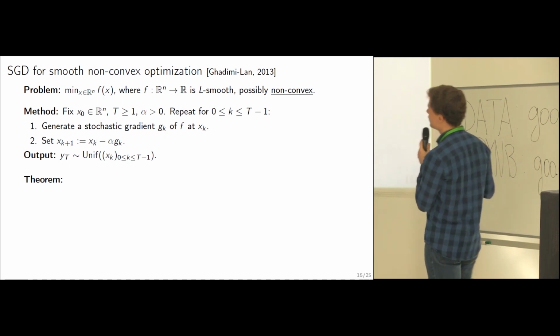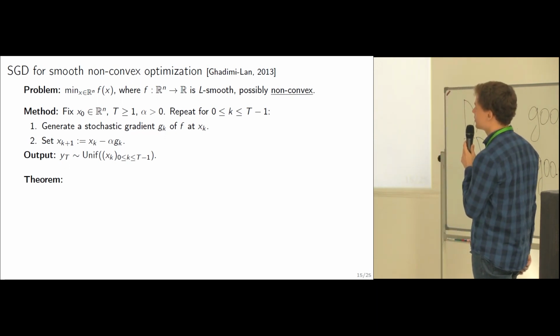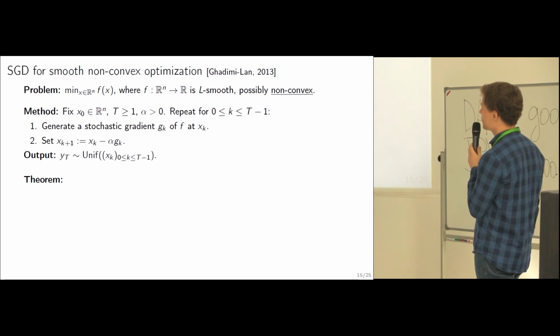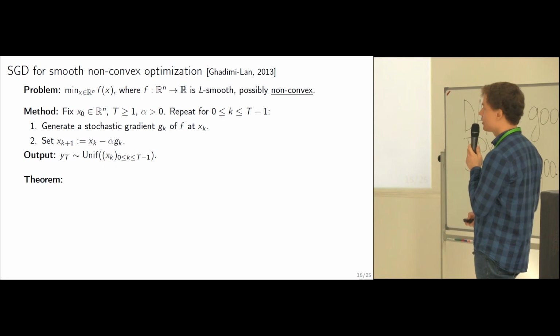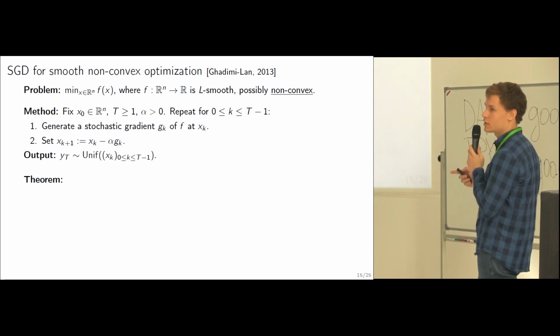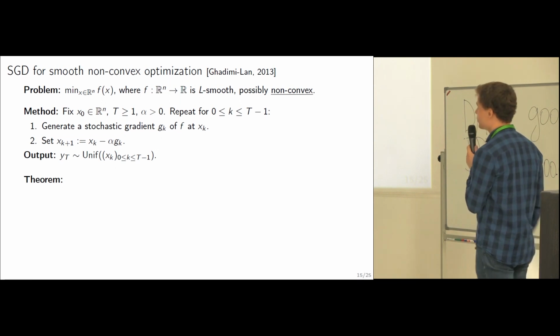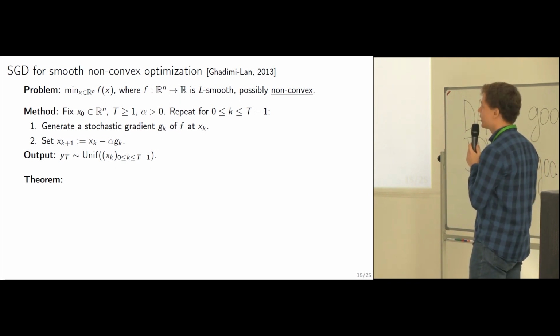And note that this is not very strange, because when we generate the number of iterations uniformly, the expectation of this number will be T divided by 2. So actually, on average, we perform the same number of iterations.